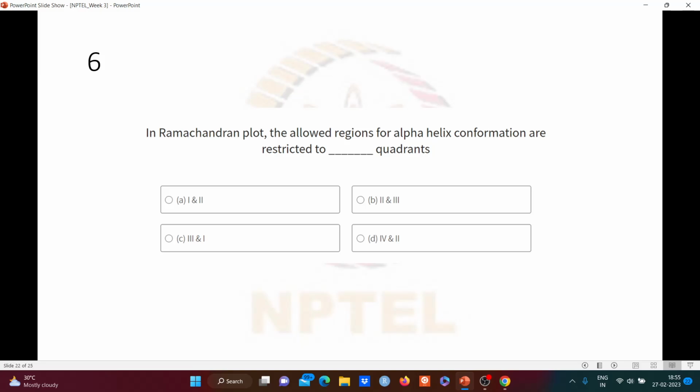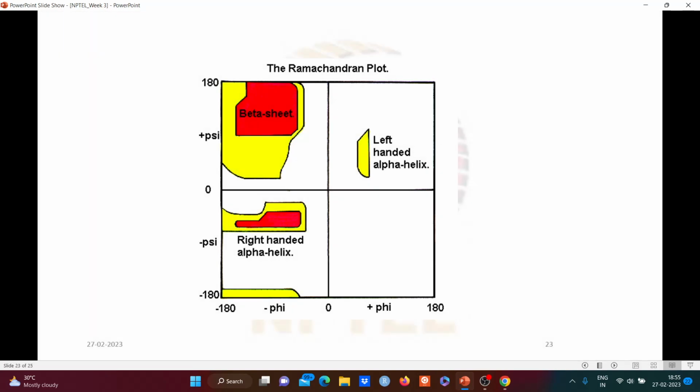Okay, let's look into the answer. The answer is C. The possible values for dihedrals are minus 180 to plus 180. So on the x-axis we have the phi value, on the y-axis we have the psi value. This is the Ramachandran plot.